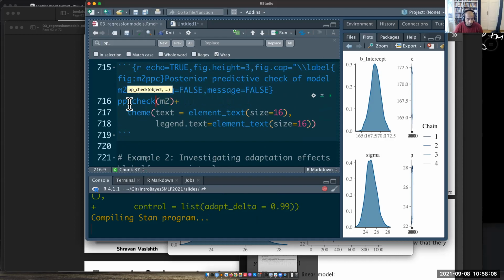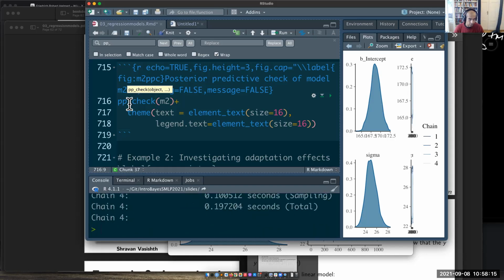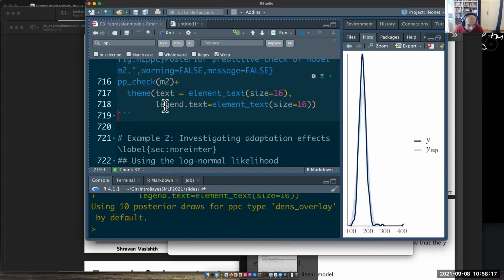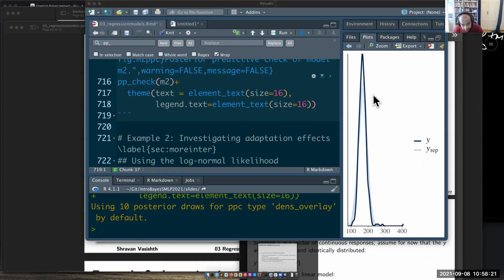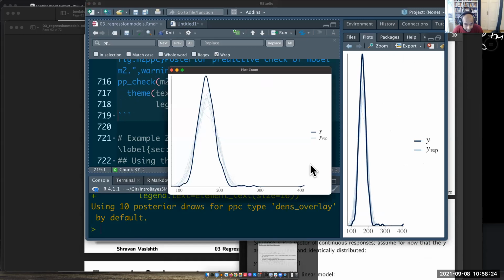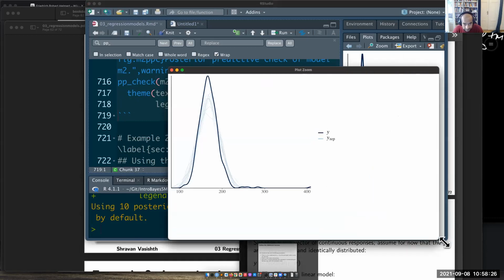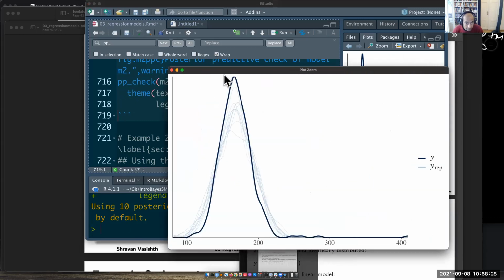Let's say I want to look at all the samples. Okay, so I'll just do that. So let's get a picture of what the whole posterior sample looks like. So here we go. Right, so can you see this? Yes.